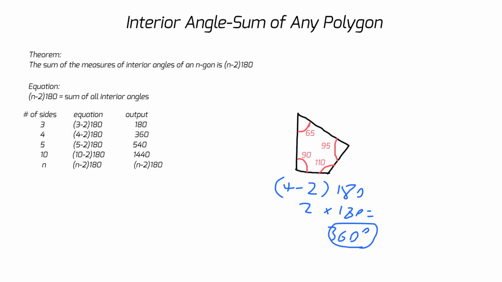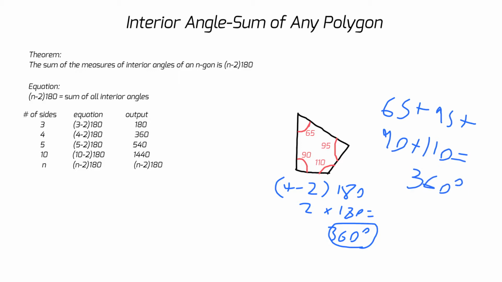And we can prove this because if we look at the numbers I've already planned out, 65 plus 95 plus 90 plus 110 all add up to 360 degrees, proving the theorem.